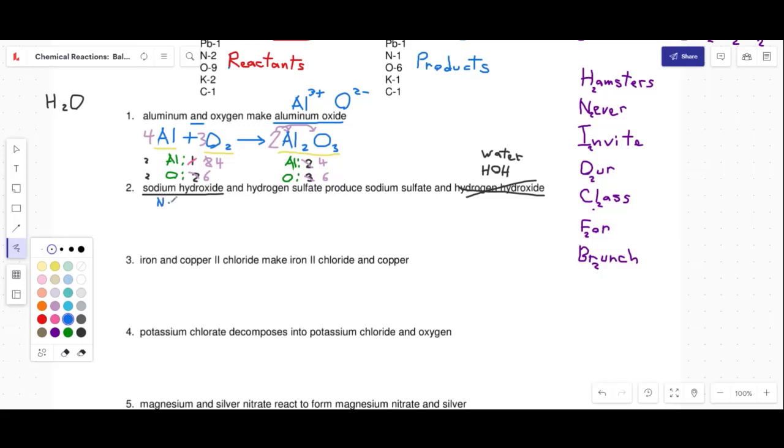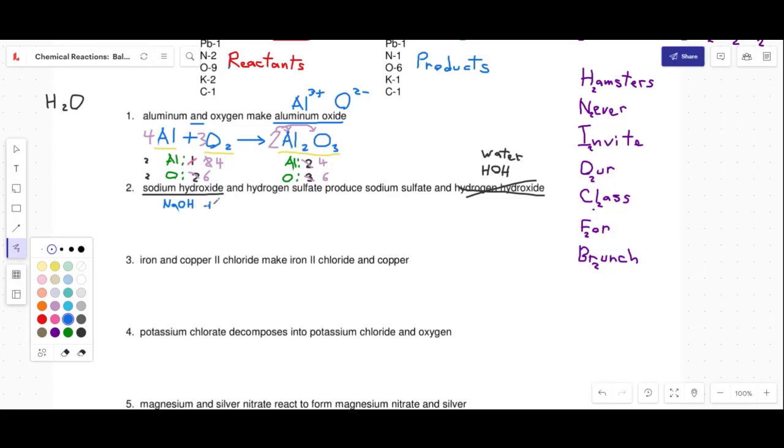So since sodium is Na+1, and this is OH-1, they're balanced. You only need one of each, and the formula is just going to be NaOH. So I'll go ahead and erase that. There we go. NaOH.